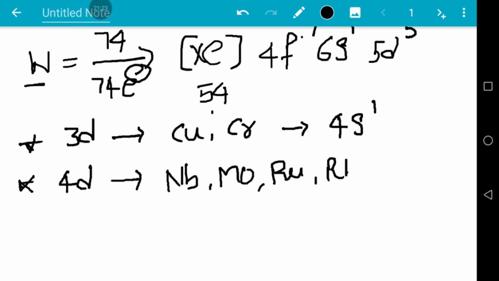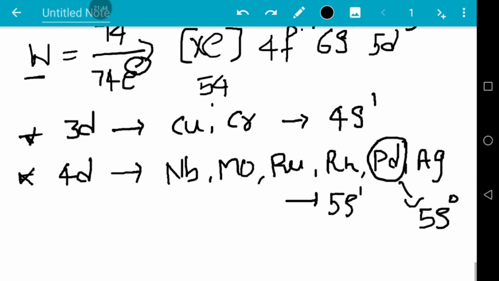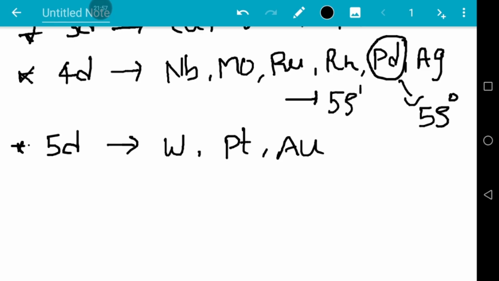In this, except palladium, all the remaining have the 5s1 configuration. Palladium has the 5s0 configuration. This is 4d. Next, the 5d series exceptional configurations: wolfram, platinum and gold. These elements have the 6s1 configuration. So these are the exceptions in the 3d, 4d and 5d series.